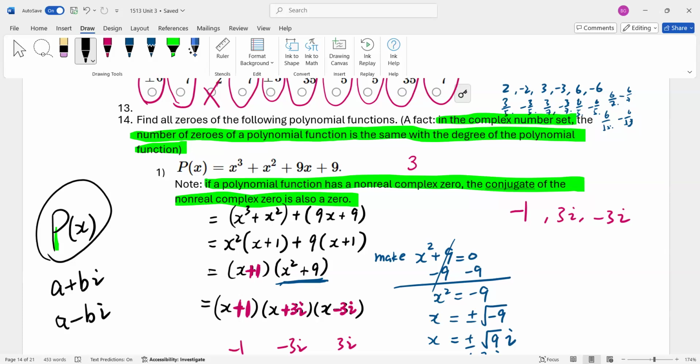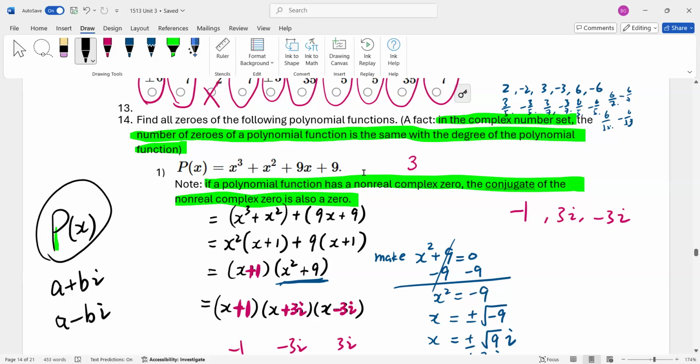In other words, how do we know how many zeros a polynomial function has? We look at the degree of the polynomial function. If the degree is 4, then the polynomial function has 4 roots.